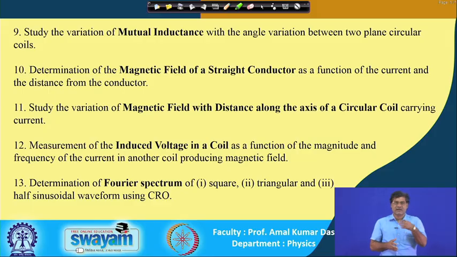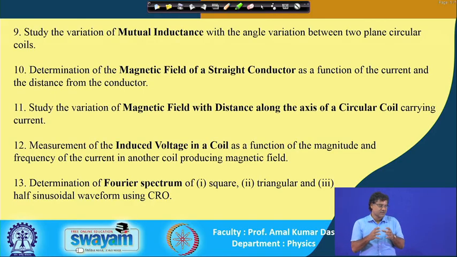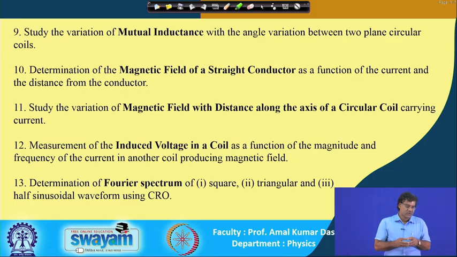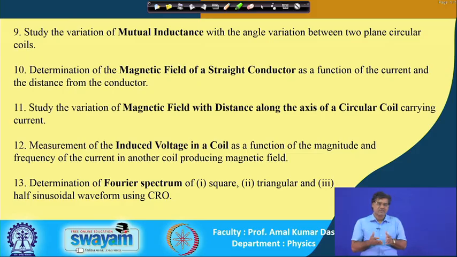Coils are basically inductors. If you take two coils, the interaction between these two coils is called mutual inductance. How mutual inductance varies when the angle between these two coils varies, that experiment we will perform.